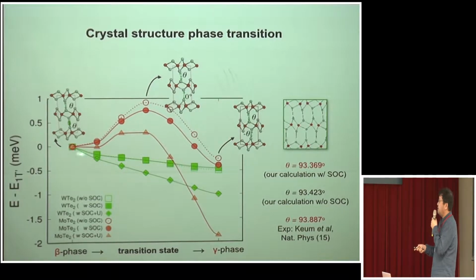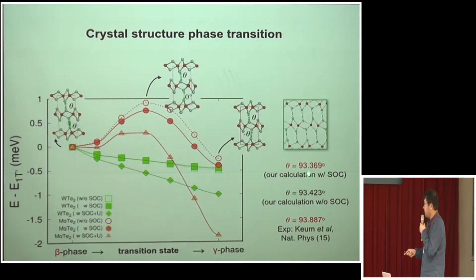Even though the barrier is very small, you can see that tungsten ditelluride doesn't have any energy barrier from beta to gamma phase, but molybdenum ditelluride has an energy barrier for the transition from beta phase to gamma phase. Also, our calculation for the optimal angle for the beta phase is 93.3 degrees, and the experiment is quite close.